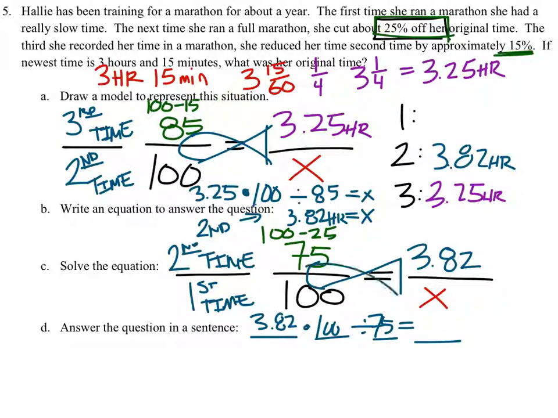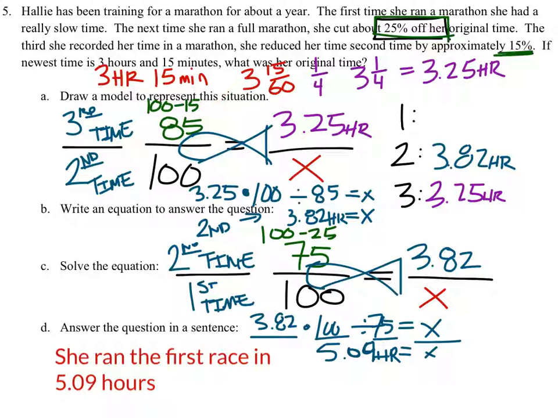And that is the x. So x on this one is 5.09. Very good. And this was in hours. So as it turns out, the first race that she ran was 5.09 hours, and that's how we would answer that in a sentence. Bam, that's it.